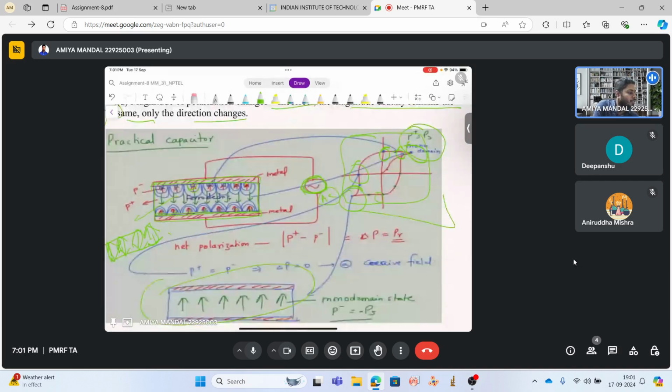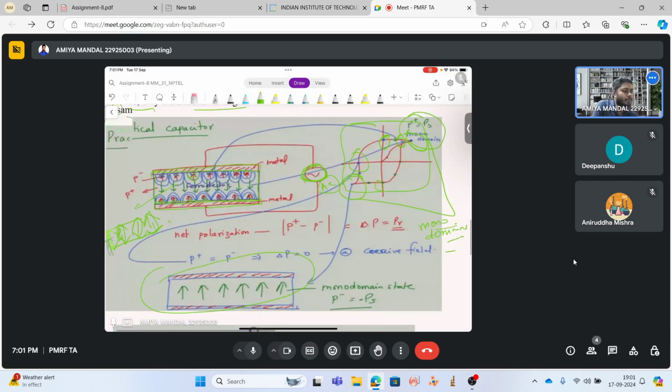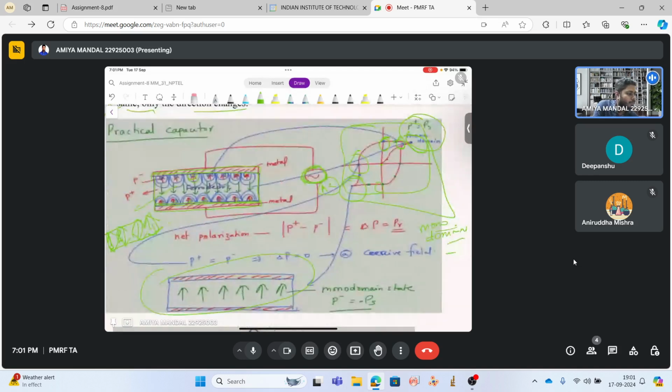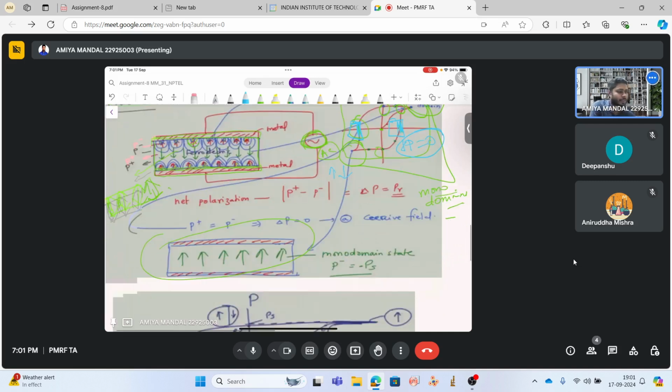So monodomains are formed in these two regions. And at the middle regions, delta P equals 0, meaning two oppositely oriented polarizations are aligned in the same direction.